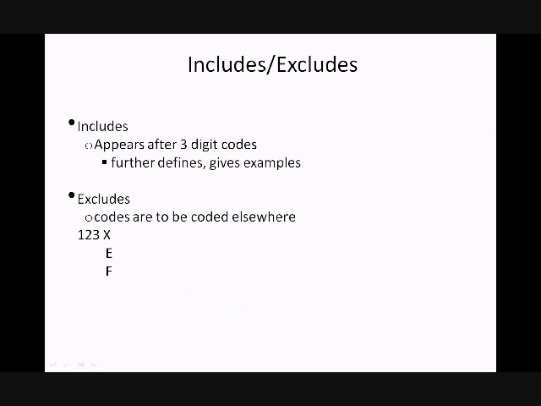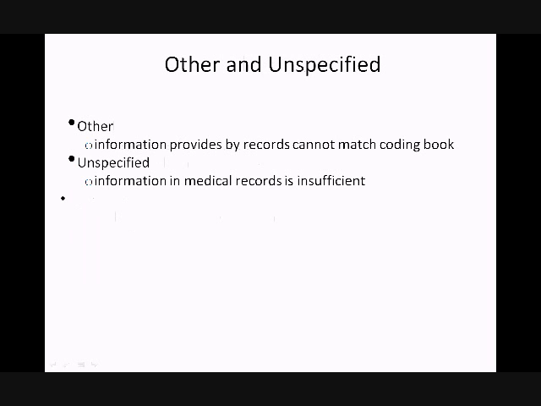All right. So last time we were talking about include and exclude, and that was a very simple idea to understand. So let's move on. Now these two items here, other and unspecified. We have to be very careful when you see these two notations.